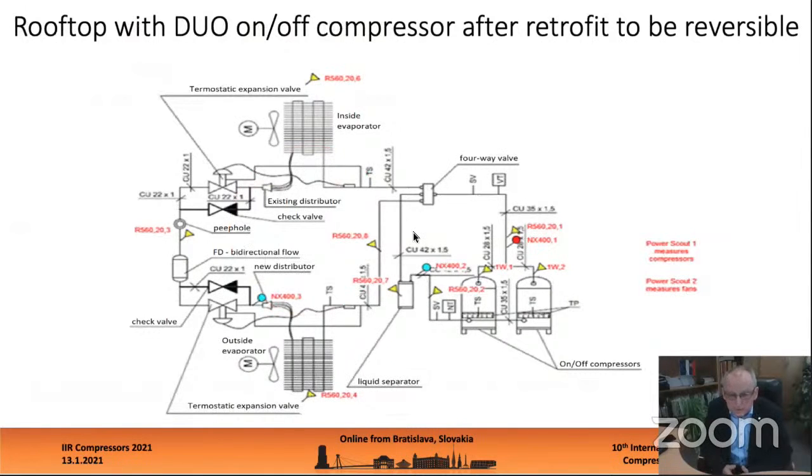You can see duo on-off compressors, accumulator, 2 thermostatic expansion valves which were bypassed, 2 distributors, and so on. And you can also see the location of all sensors which are connected with the power analyzer with the ClimaCheck software.